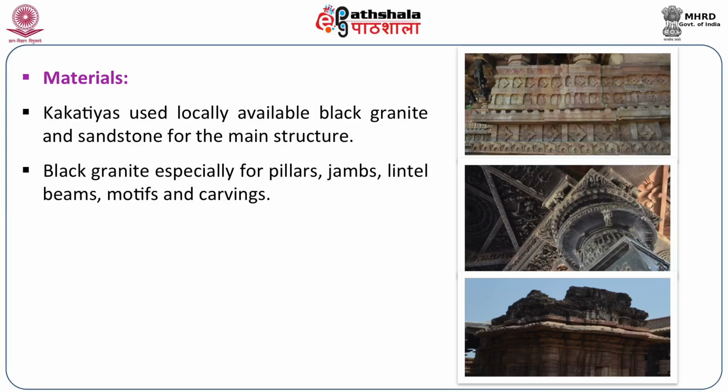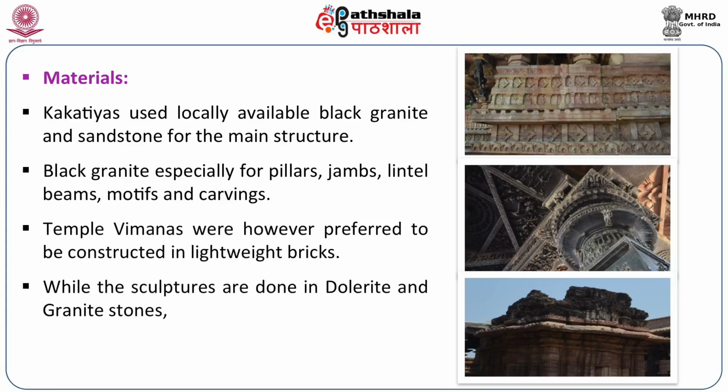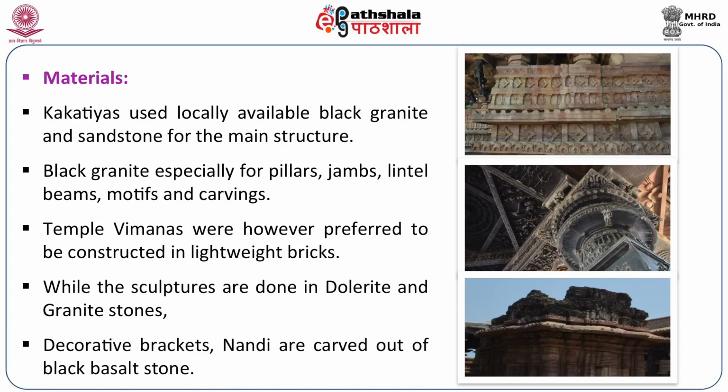So you can judge the finesse of the craftsman just by looking at how beautifully they have carved all the pillars, ceilings and the door jambs. While the sculptures are done in dolerite and granite, the vimanas were done in lightweight bricks. Decorative brackets and nandis were mostly carved out of black basalt.